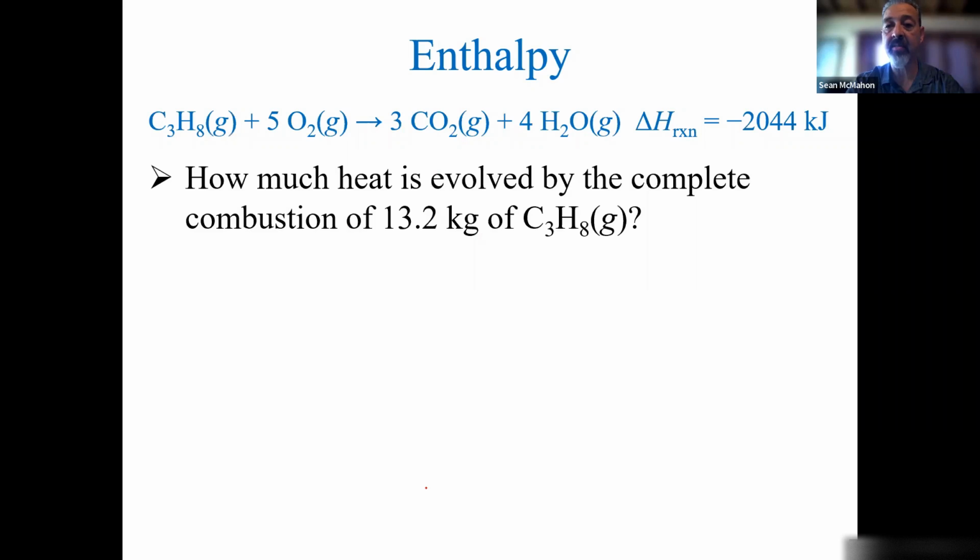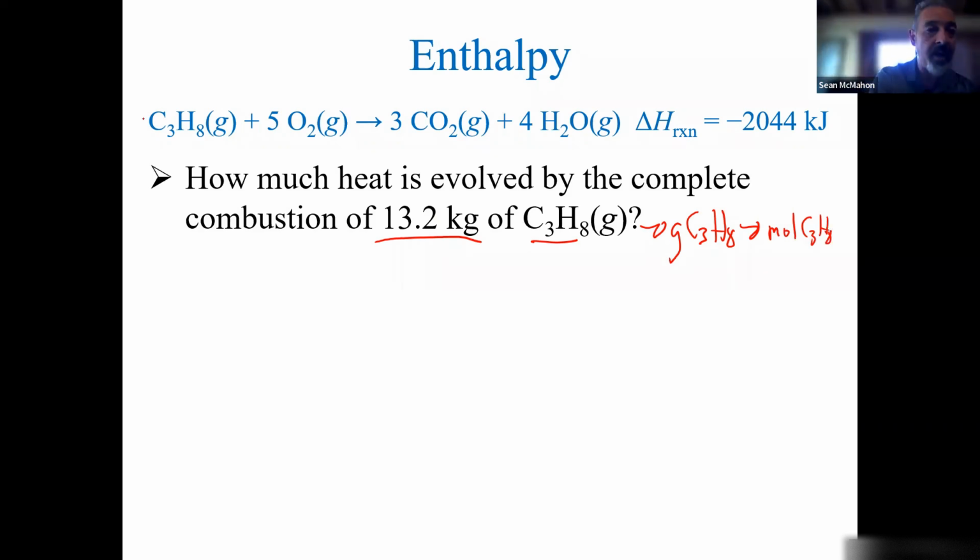So why is that important? Well, I can do stoich. I can convert the 13.2 kilograms of propane to grams of propane to moles of propane. And when I know moles of propane, guess what? 1 mole of propane gives me this many kilojoules. I can convert it to kilojoules of heat.